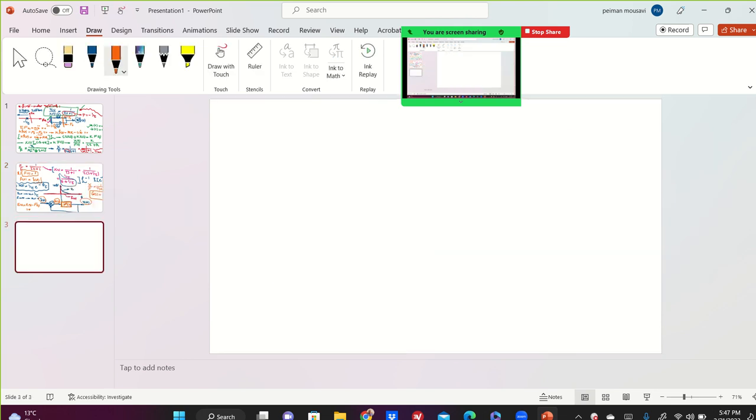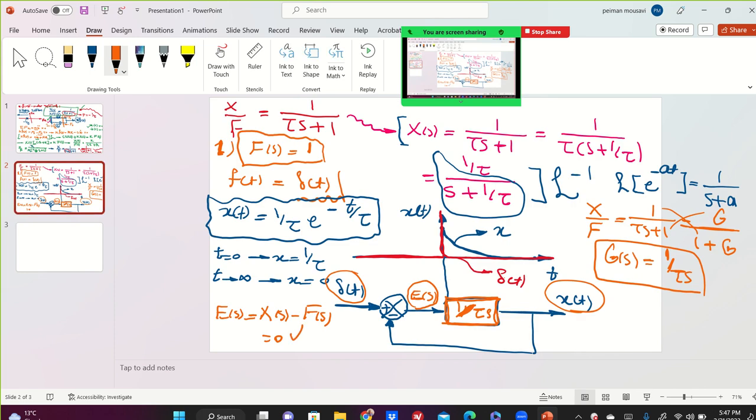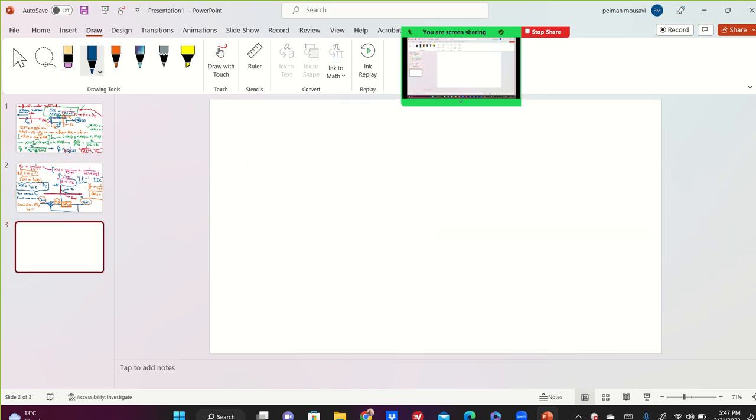Okay, so to validate this, based on whatever I taught you, you can use the final value theorem. The steady state error e_ss is the limit of s F(s) over 1 plus G(s) when s goes to 0.